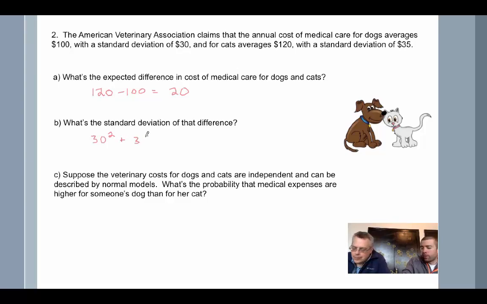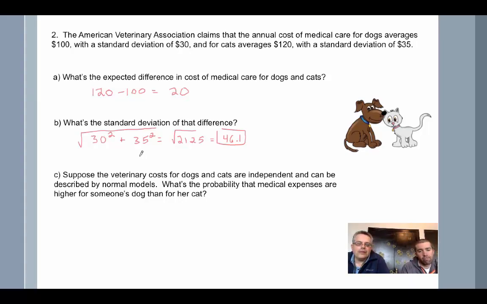Taking the square root, it's the square root of 2125, which is 46.1. So that's the standard deviation of the difference in costs. On average, a $20 difference, and that's the standard deviation.